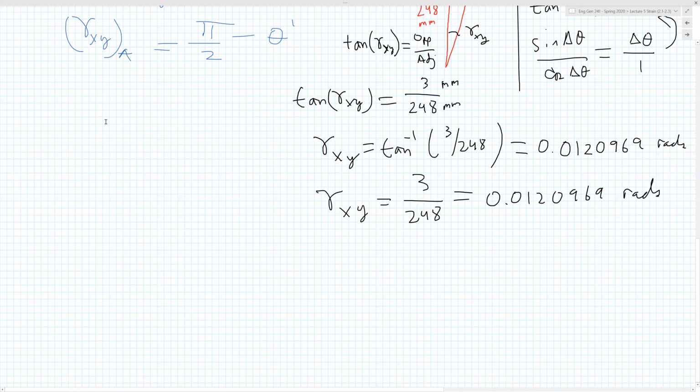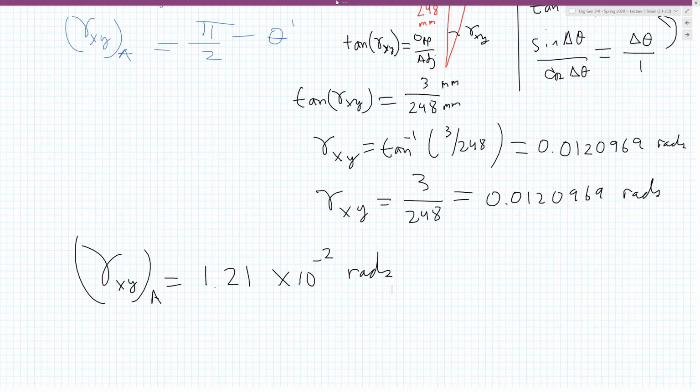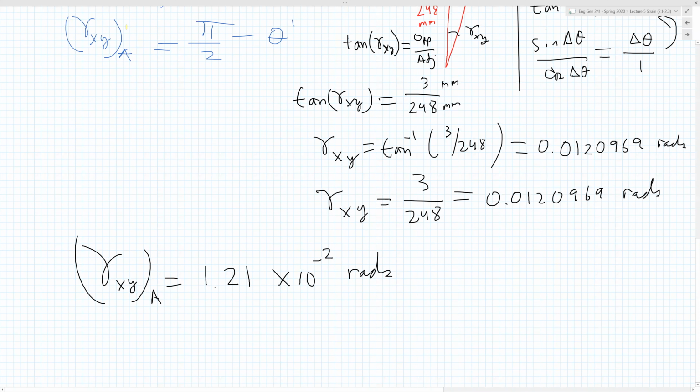It's going to be 1.21 times 10 to the minus 2 radians. Okay, so now in the final answer, I can approximate it.